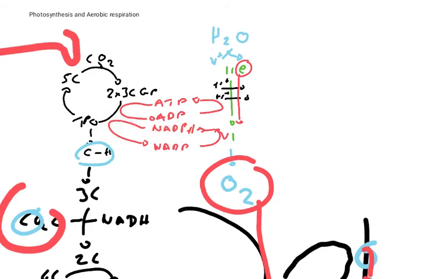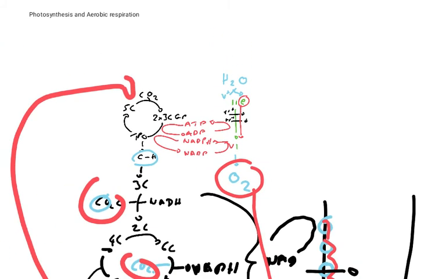Those are then used to reduce the carbon dioxide. ATP is produced by moving electrons along a chain of carriers and using that to push protons across the membrane, which flow out producing ATP through ATP synthetase. Oxygen is produced as a waste product.